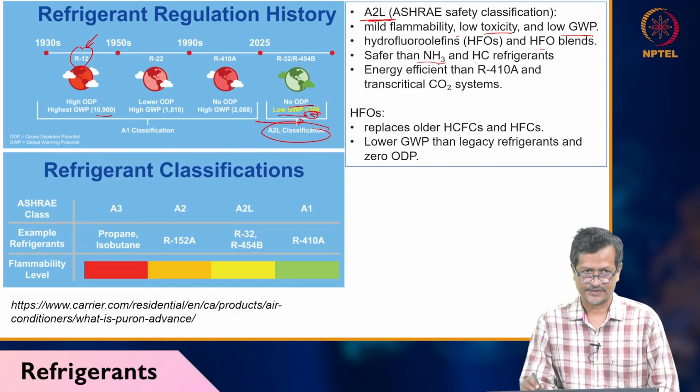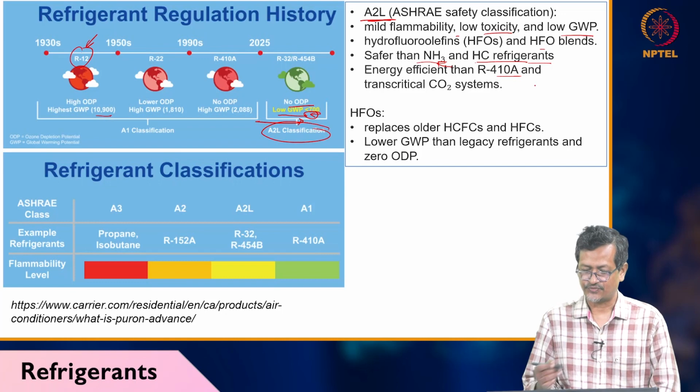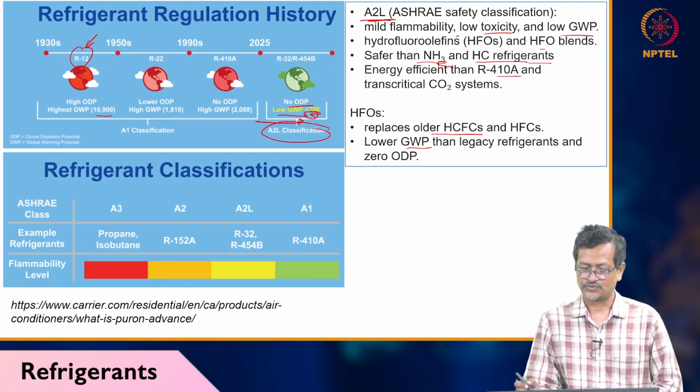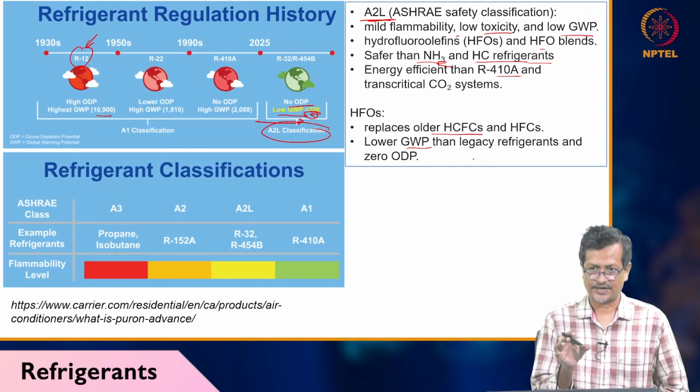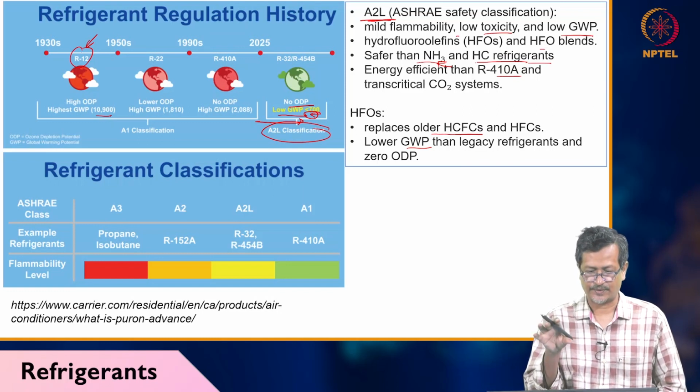Ammonia is actually toxic in the atmosphere. HC, hydrocarbon-based refrigerants, are more energy efficient than R410A and transcritical carbon dioxide systems. HFOs replace older HCFCs with lower GWP. So this ASHRAE A to L recommendation shows the list of refrigerants people will be using.